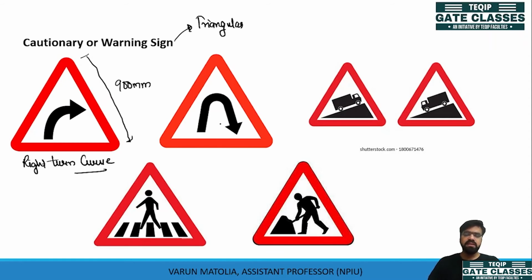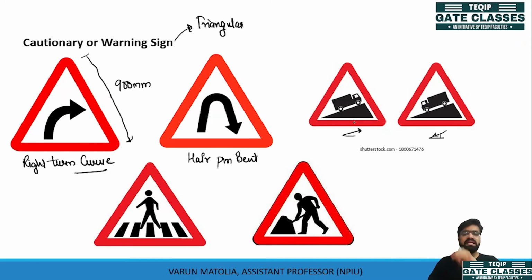The second figure is your hairpin bend. These signs are visible on mountainous terrain where there are steep hairpin turns. These signs provide you information about ascending terrain or descending terrain.